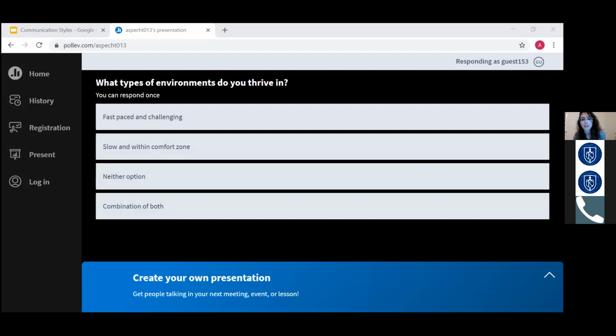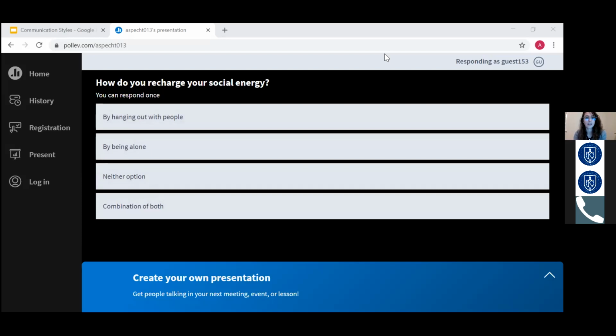Another one said a combination of both. If it's something you're comfortable doing, then it's more fast-paced. Maybe if it's something you're not comfortable with, then it's probably a slower pace and within comfort zone. Well, awesome. Right, I'm going to activate our next question for you guys.